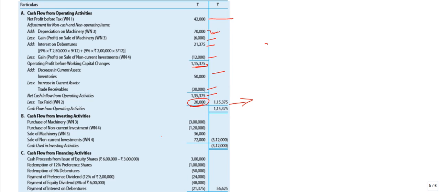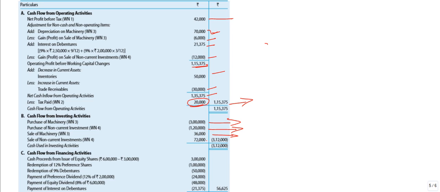Next stage is the cash flow from investing activities. First, we purchased machinery. We prepared the machinery account, and the purchase amount is an outflow, which we write in brackets as a minus value. We also purchased non-current investment, and that outflow is also written in brackets. And the sale of machinery, that amount is available in our question, 36,000, and this includes the gain.